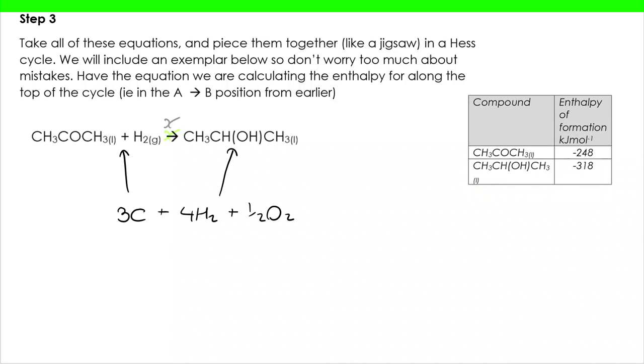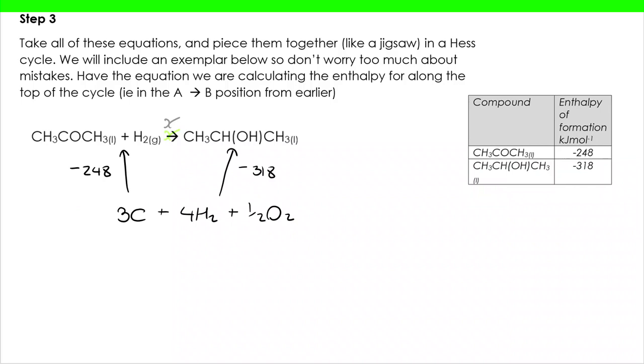Okay, there are different ways of doing this. I'm going to go through the process of using the cycle. So if I know what my values are, my negative 248 for my formation of propanone, my negative 318 for my formation of propan-2-ol, I've now got the values for 2 different parts of the cycle.